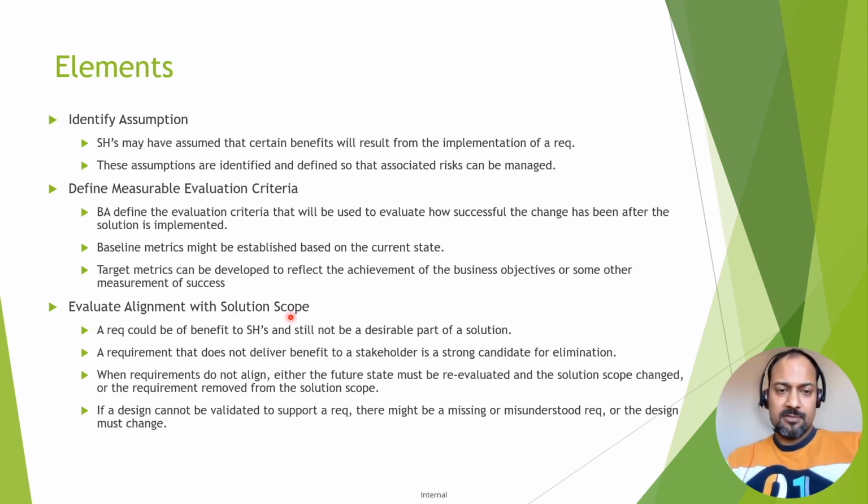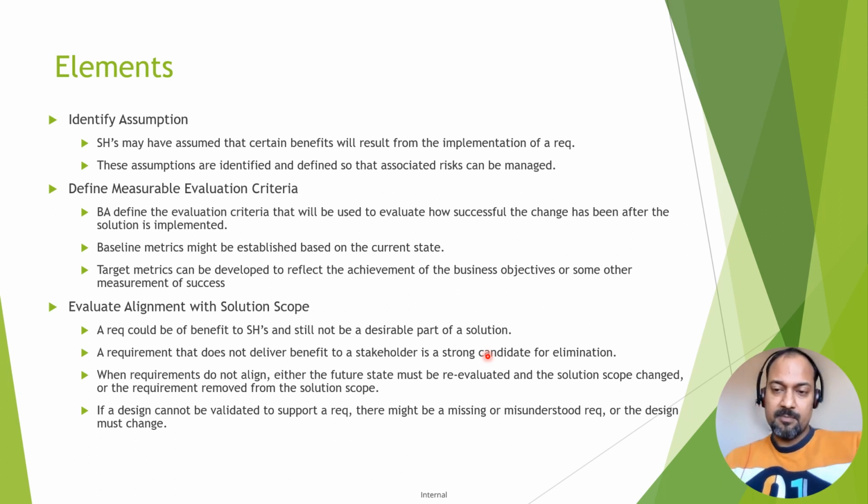Evaluate alignment with the solution scope. A requirement could be of benefit to a stakeholder and still not be a desirable part of a solution. Many times stakeholders state their own need, that they want this particular requirement to be part of this, but that requirement is not part of the solution scope and is not aligned. It could be important from the stakeholder's point of view, but from the solution's point of view it's not important.